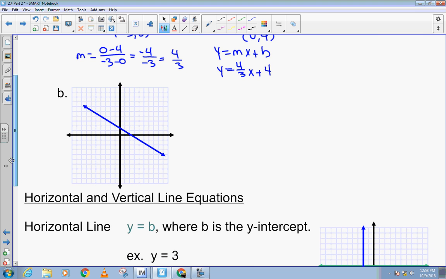This time they give me a graph. All right. But if I look at it, it doesn't really cross at a very good point, does it? So I can find the slope, but I can't necessarily know the y-intercept. So I need to find two really good points. Looks like that's a pretty good one.